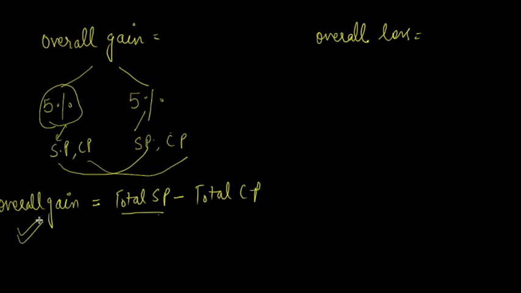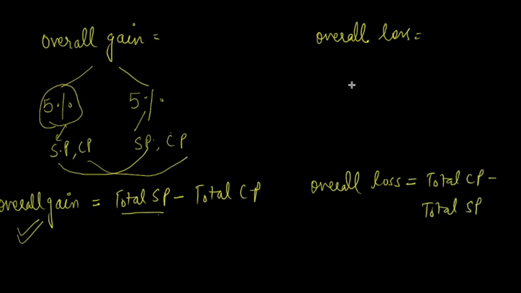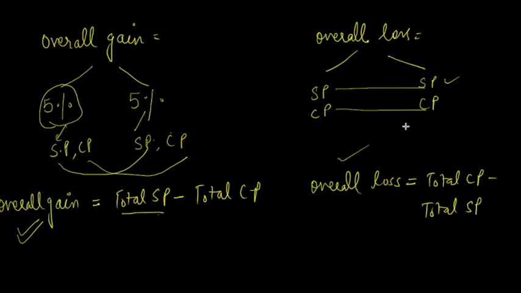Similarly, how do we calculate the overall loss? It is the same: total CP minus total SP. So if there are two transactions going on, if SP is given, we will calculate CP. If SP is not given and CP is given, we will calculate SP. So ultimately we need to know the selling and cost price in both the transactions, add them to get the total SP and total CP, and then calculate the overall loss.